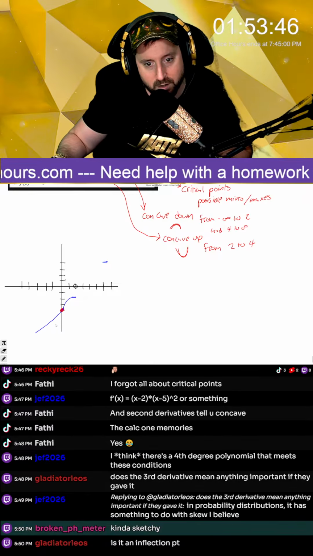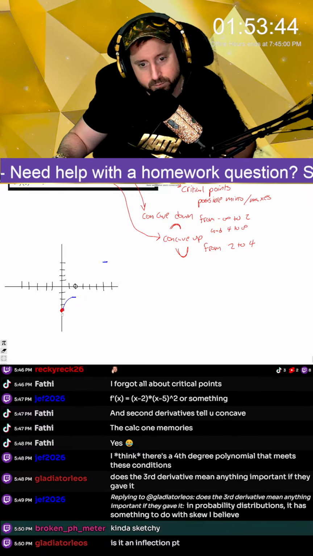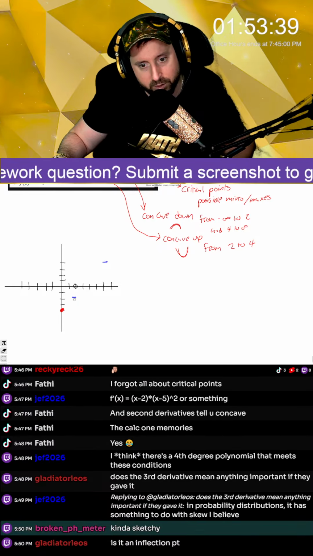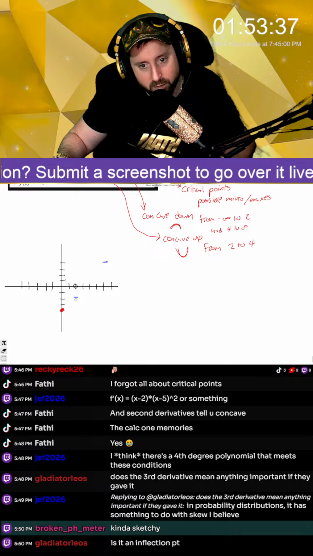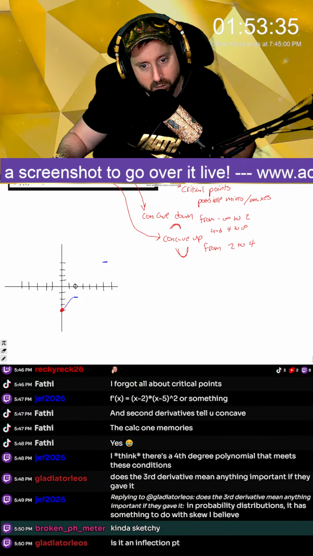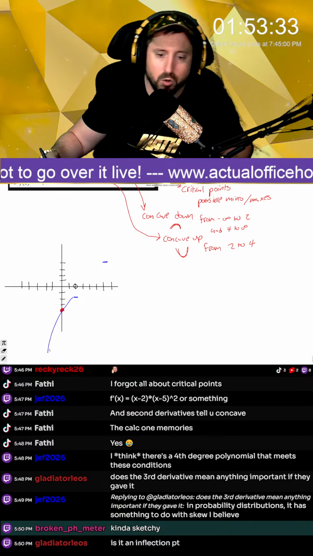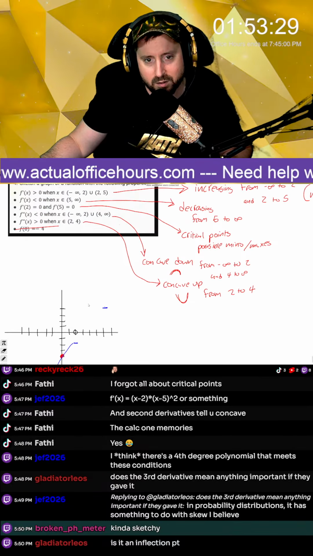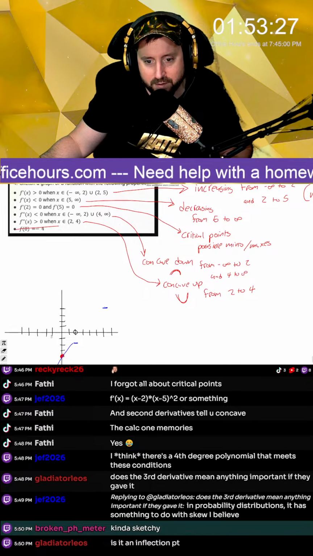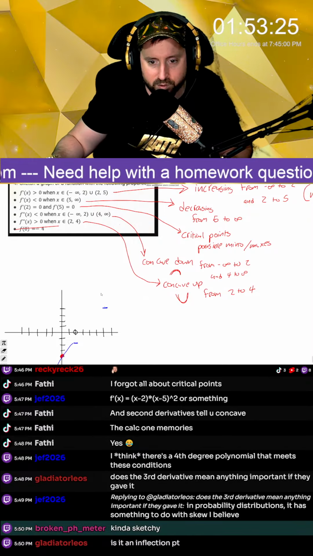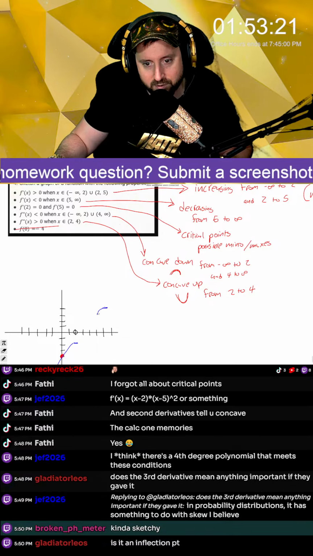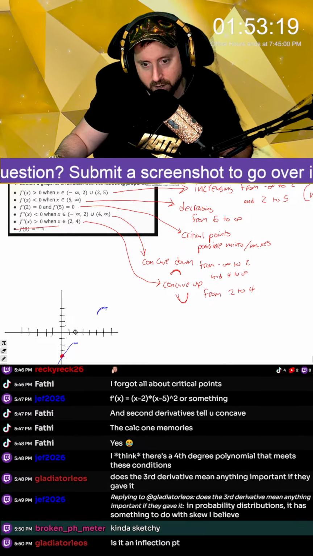So from here, I think we kind of want to do this. Let me make this a little bit nicer. Super weird. That's from negative infinity to 2, and then also from 4 to infinity. So this needs to be again increasing but concave down.